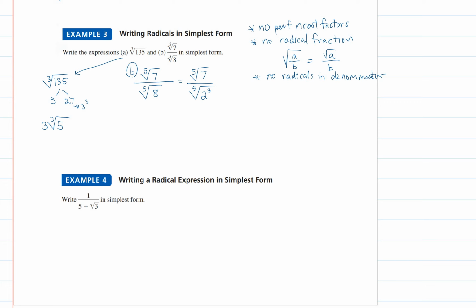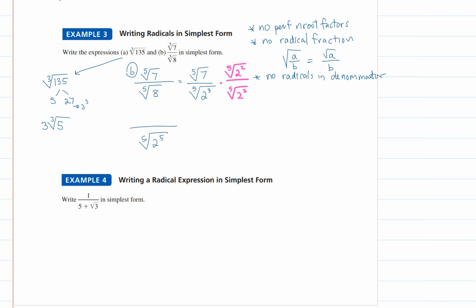Since we are looking for a 5th root, we need 2 more 2s. 2 more factors of 2 so that we'd have 5 factors of 2. So if we multiply by 1, written in the form of the 5th root of 2 squared over the 5th root of 2 squared, in the denominator, what we end up with is the 5th root of 2 to the 5th.